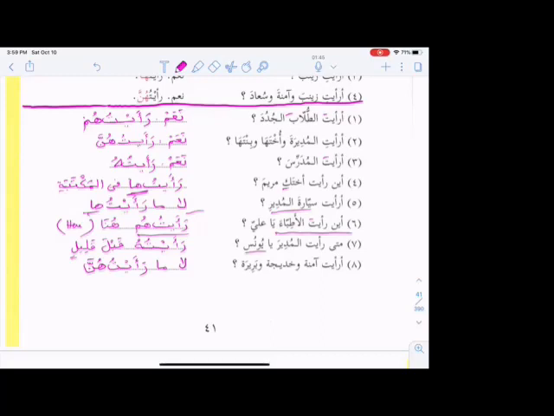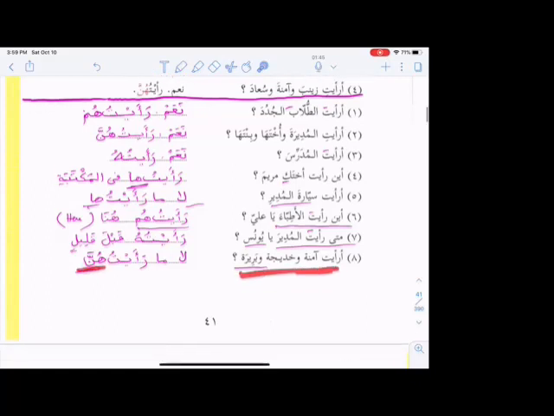Raituhu qabla qalil. I saw him a little while ago. Raita Aminatu wa Khadijatu wa Bariratu? Did you see these sisters? What will you say? La, I didn't see. Ma raituhunna. So these are all sisters translated into hunna. Fine.